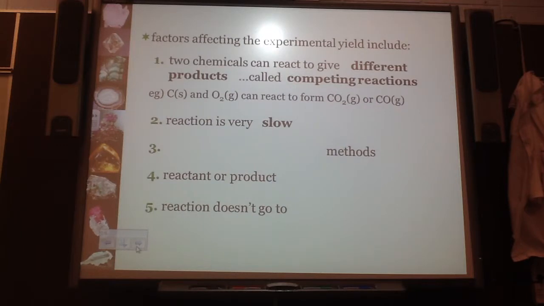It will rust, but it takes a little while, right? So you can't measure iron oxide in 2 minutes. That's not really going to tell you much about its rust. So if reactions are very slow, either you need to speed them up with something called a catalyst, or you have to measure it over a really long time.